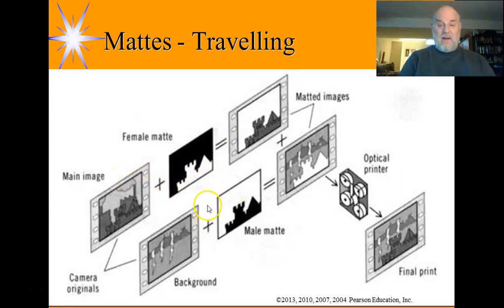A second mat, a male mat, would be created, which would not allow light to pass through the area where the brewery was located, but would allow light to pass through every additional area of the frame.